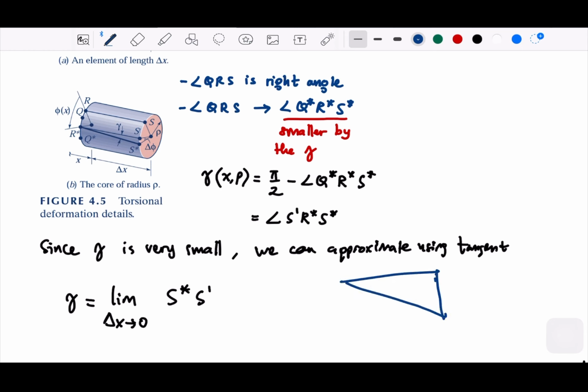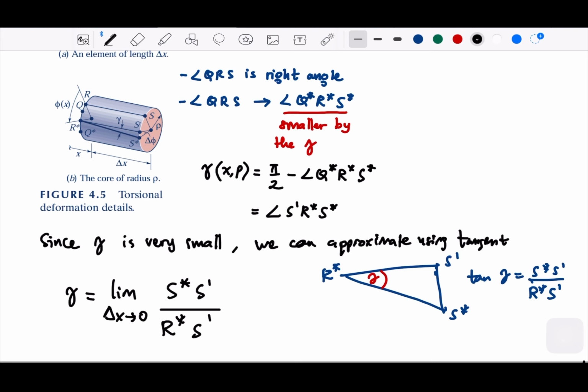It's going to be like this. So the tangent is equal to its angle itself.